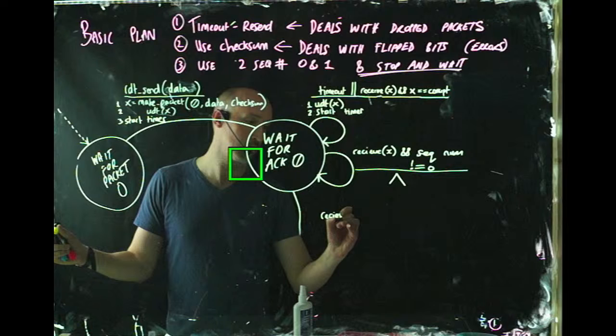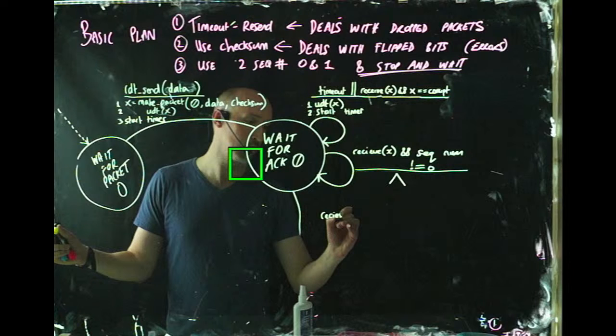Maybe I'll just keep the language the same here. Checksum incorrect up here, and if it's correct, down here.